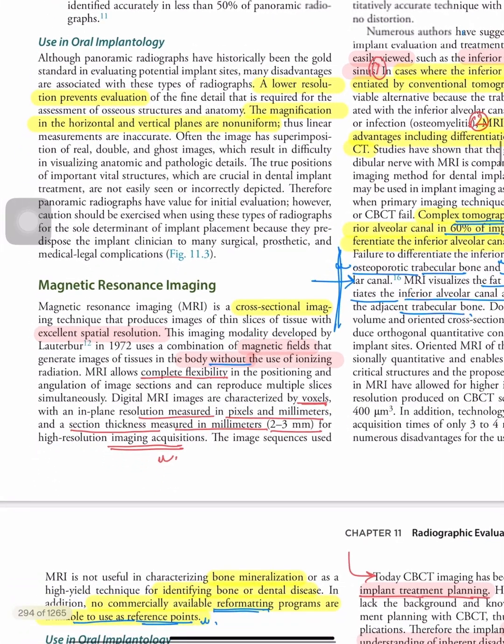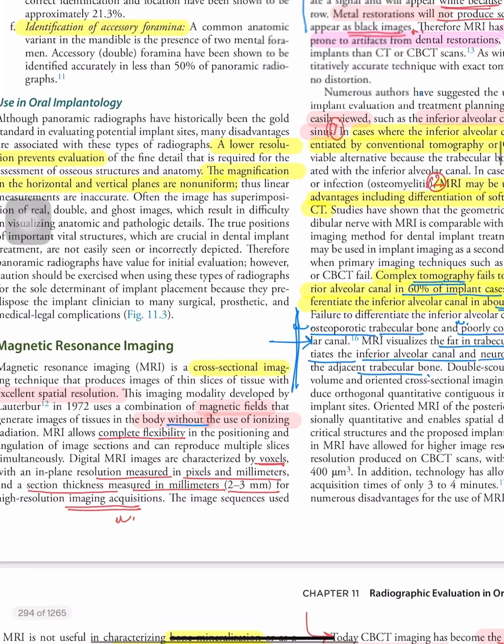So, next is magnetic resonance imaging. Unlike your OPG and IOPA, this is a 3D modality. That means you get 3D images of the structures under evaluation. The advantages are that it doesn't use any ionizing radiation.